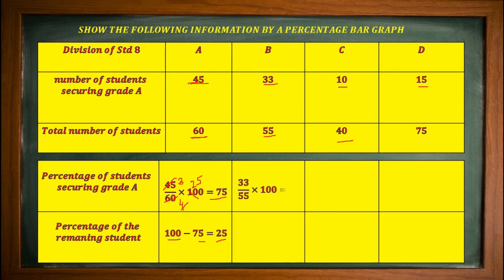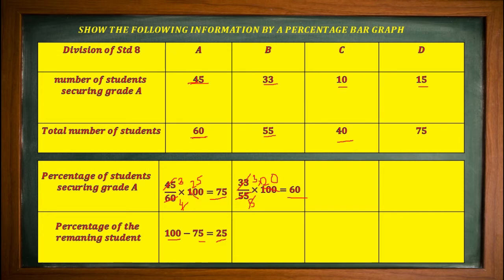So in B division, 33 upon 55 into 100. 11 threes are 33 and 11 fives are 55, then 5 twenties are 100. So 3 into 20 will be 60.